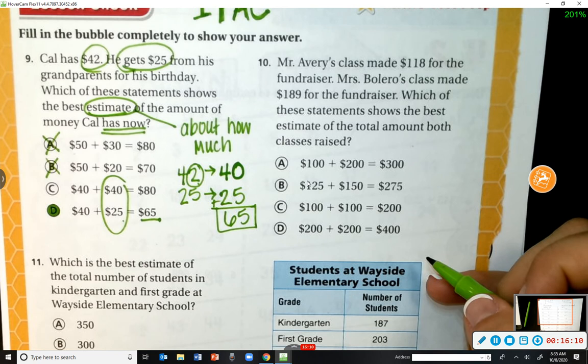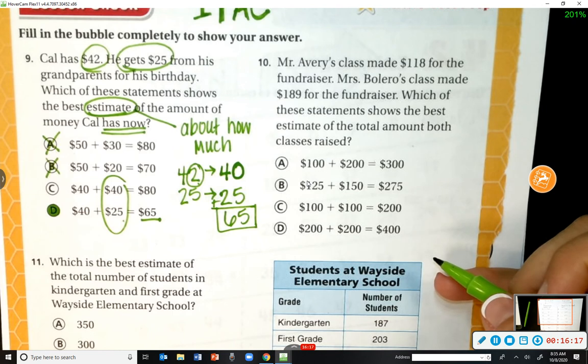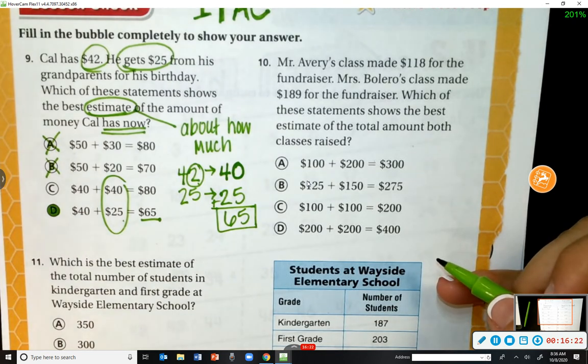Estimate. For the total of Amount. both classes received.